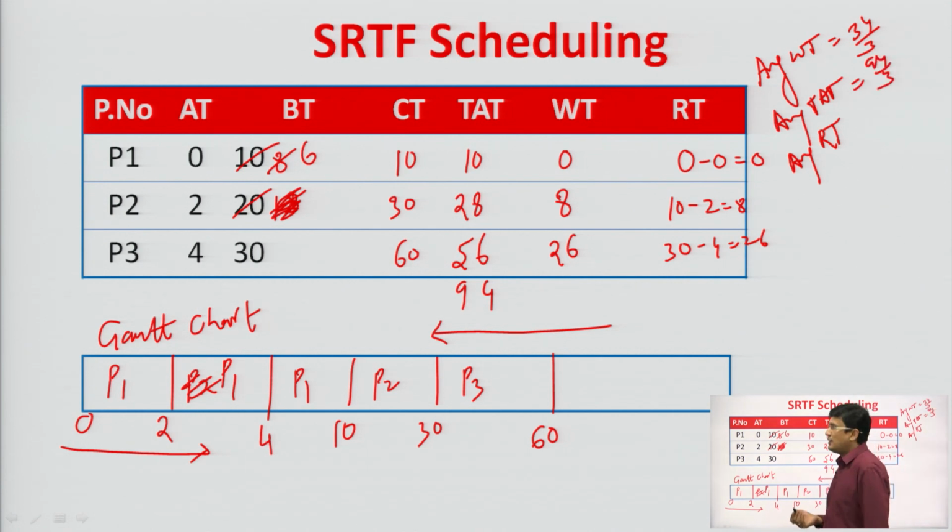The average response time will be 0 plus 8 plus 26, that is 34 by 3. Here you can see that incidentally, in this question the response times and the waiting times have come out the same.